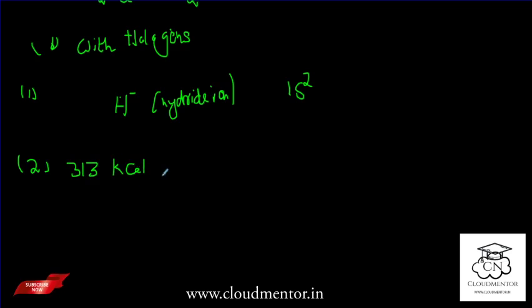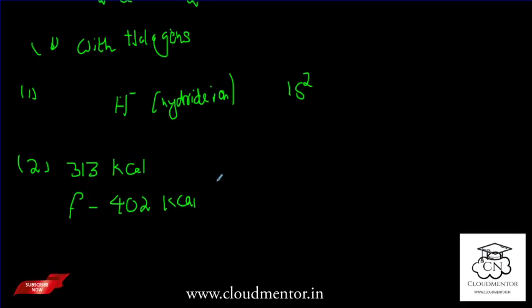Halogens also show ionization energy of the same order. Fluorine shows something like 402 kilocalorie. This ionization energy we are talking about: what is ionization energy? It is the energy required to remove the outermost electron from an atom.